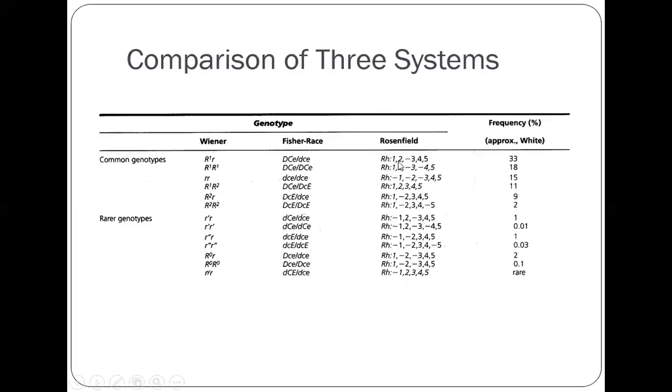They'll have a big D, they'll have a big C, they won't have a big E, they'll have a little e, and then they'll also have another little c and another little e. So 4 and 5 is then referring to the next haplotype. So we have 1, 2, 3, and then 4, 5, 6. Does that make sense? Okay.